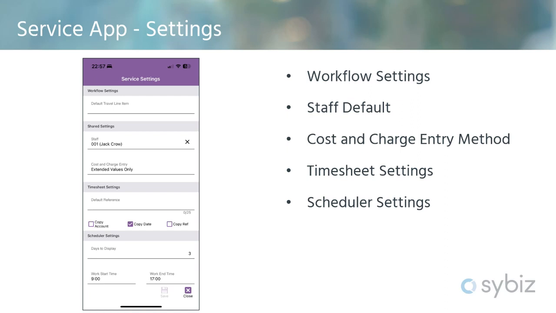It just makes it flow a lot better. But of course, you also have the option of leaving that blank and sharing that device with other people. You've got your cost and charge entry method, timesheet settings that are the same as what we saw with job costing, and then the scheduler settings that we didn't see on the job costing screen capture.